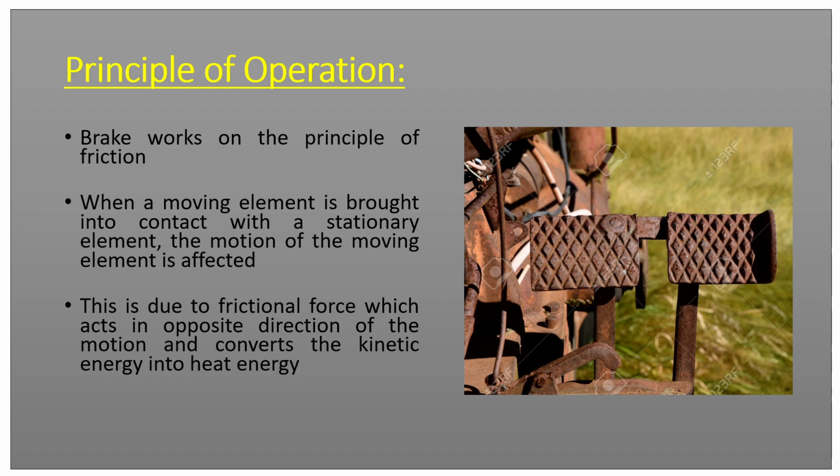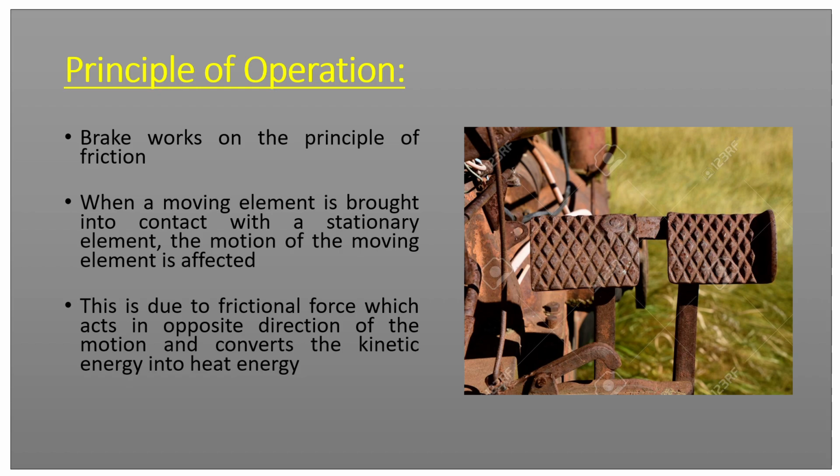That is, when a stationary element comes in contact with the moving element, the motion of both will get affected. If the power or the load on the stationary element is higher than that on the moving element, then definitely the moving element will stop its motion or rotation. If it is rotating, it will stop rotating when it comes in contact with the stationary element, and that kinetic energy is converted to heat energy because of the frictional force acting between the two materials.